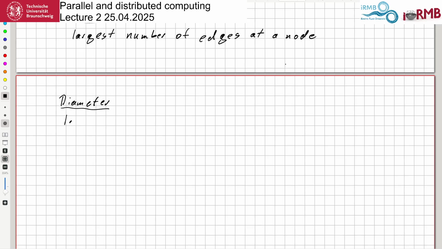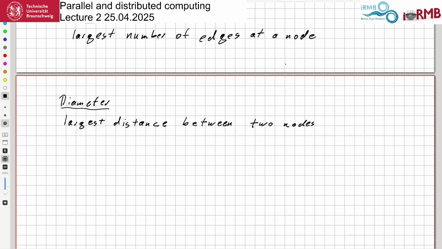This is the largest distance, in the way that we define distance, between any two nodes. Say this is the worst case connection. So how many steps you have to go to get to that particular machine.